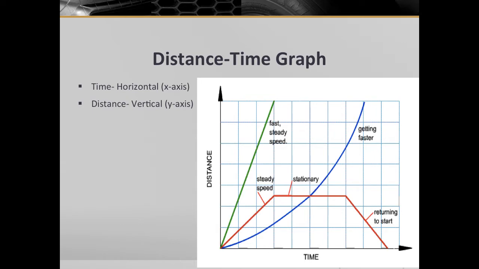That's what stationary means. It's stopped over a certain time period, and then it starts to come back to where it began. The distance closes back into zero, so that car or whatever that object may be is coming back to where it started.